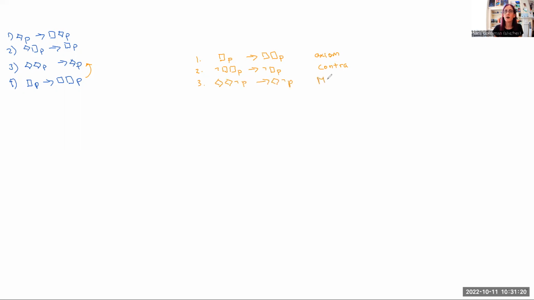So this follows that possibly not P implies possibly not P. But then we can just do uniform substitution, replace each of these P's with a not P, and then we'll have some extra negations. We'll just do double negation at the same time to get us possibly P implies possibly P. Now, each of these steps was an equivalence, which means that I could also start at 4 and run the proof entirely backwards and get to number 1.